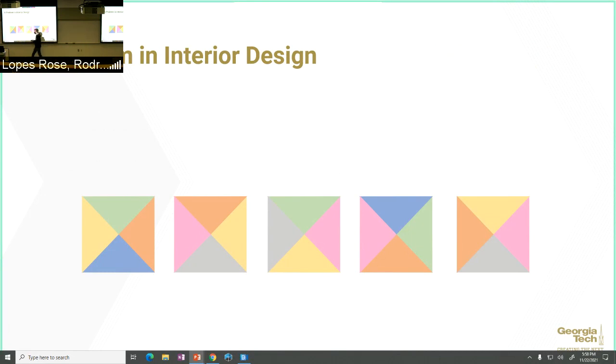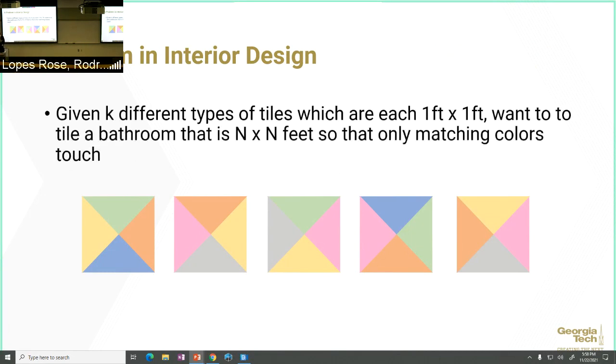So really a more formal statement of that problem would be, given k different types of tiles, which are each 1 foot by 1 foot, I want to tile a bathroom that's n by n feet, so that only matching colors touch. Now, I could tell you, hey, take a couple minutes, think about how you would solve this, see if you can think of an algorithm in polynomial time that can tile this bathroom floor, only as a function of n, the number of feet that is the size of this bathroom.